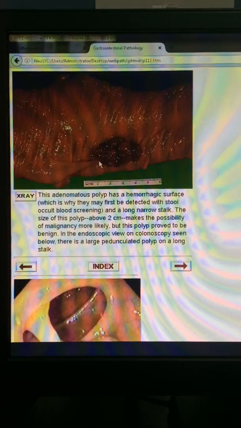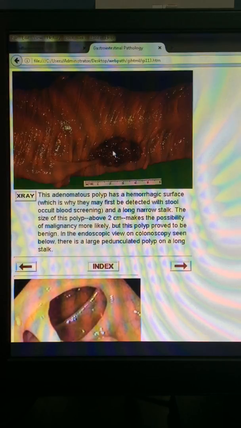This part represents the stalk or pedicle, and this is the growth present on the top of the pedicle. The pedicle represents a fibrovascular core covered by normal colonic mucosa, and the polyp proper is formed of a neoplastic colonic epithelium.